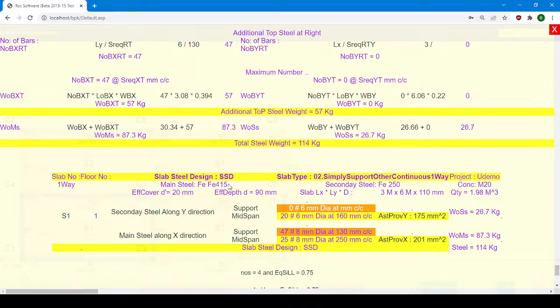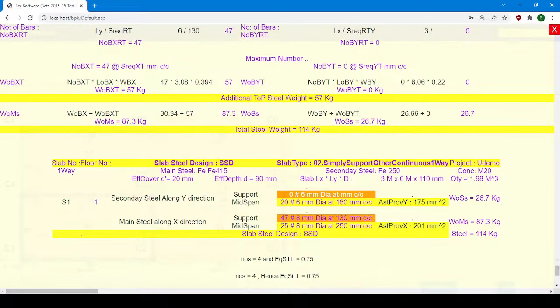Main steel is Fe415, secondary 250, concrete grade M20, effective cover 20 mm, effective depth 90 mm, slab dimensions 3 meter by 6 meter and 210 mm, quantity of concrete 1.98 cubic meter, main steel along X direction at mid span is 25 bars of 8 mm dia, and at mid span along Y direction 20 bars of 6 mm dia.